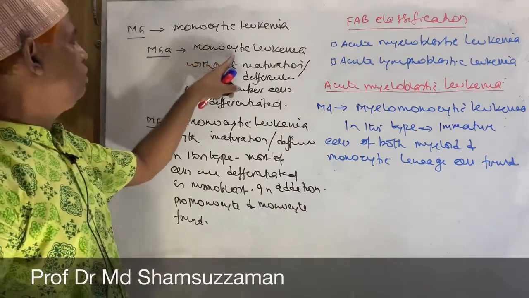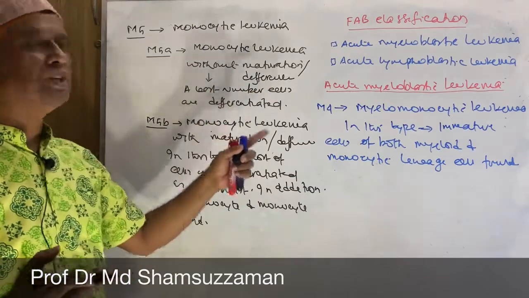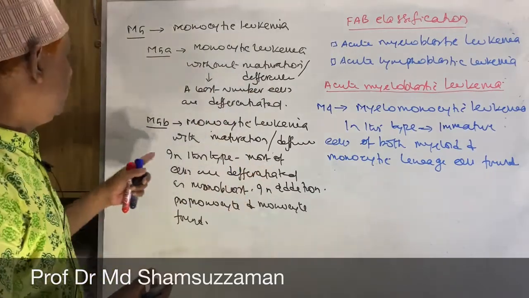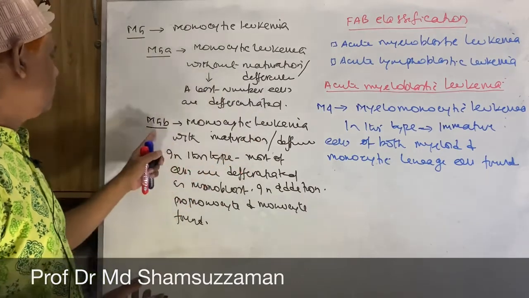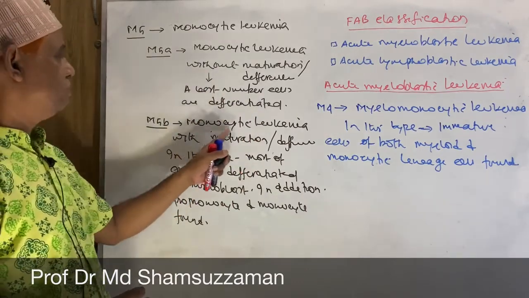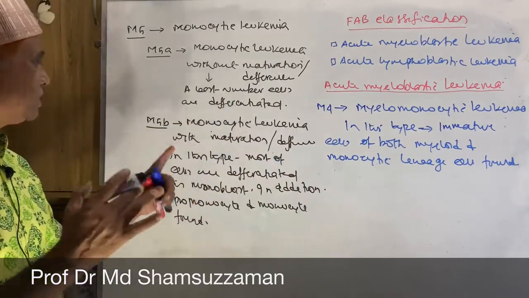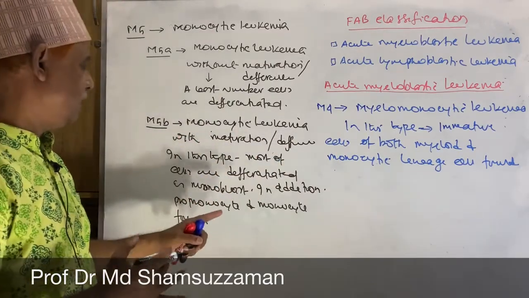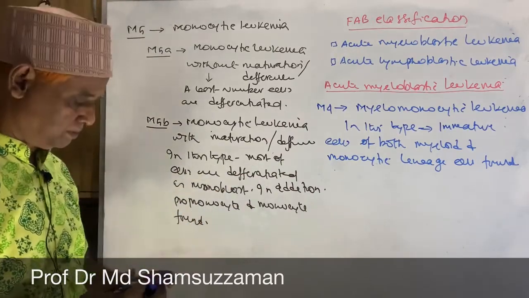M5A is monocytic leukemia without differentiation. Here a few cells are differentiated as monoblast, and there is no promonocyte and monocyte along with it. But M5B is called monocytic leukemia with differentiation. In this type, most of the cells are differentiated as monoblast. In addition to this, there are promonocytes and monocytes.